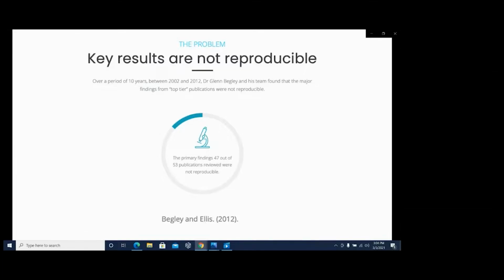They found that findings from 47 out of the 53 results were not reproducible either by his team or even by the original researchers. Now, we're not talking about some minor findings buried deep in figure 2. These were the major findings, the so-called core message of the paper that they were not able to reproduce.